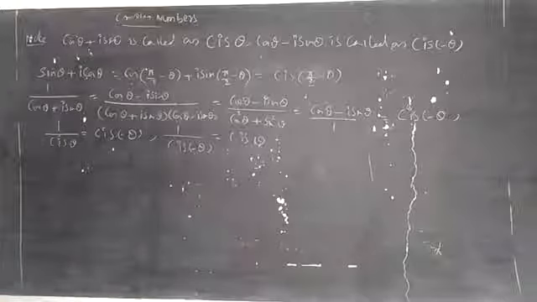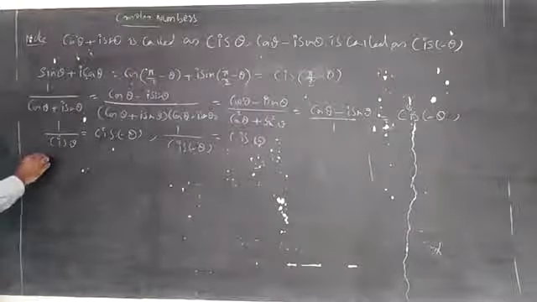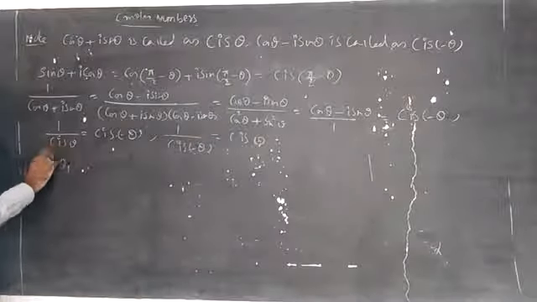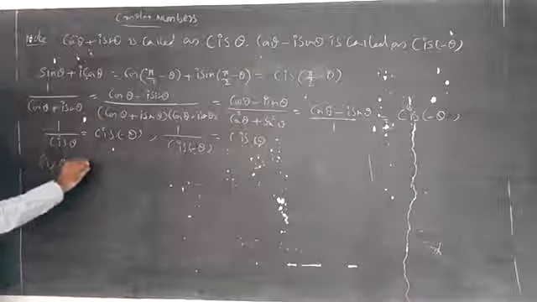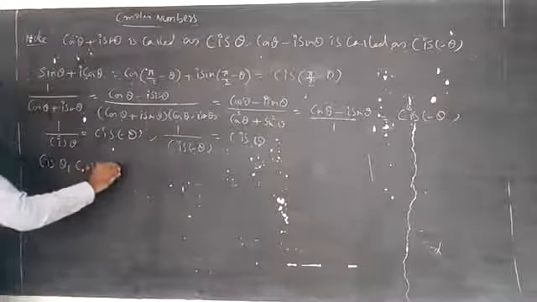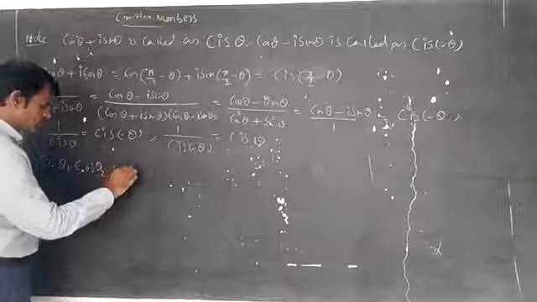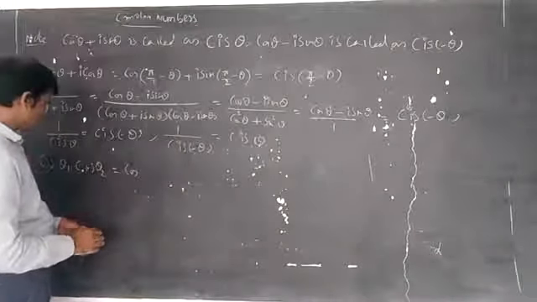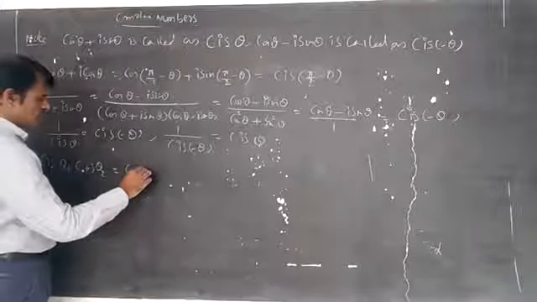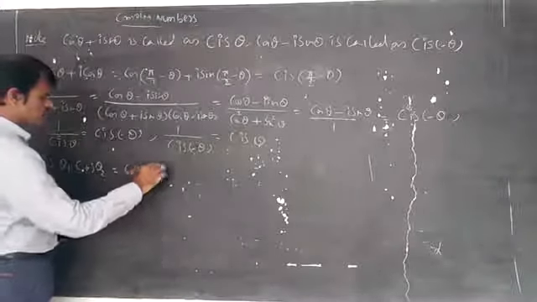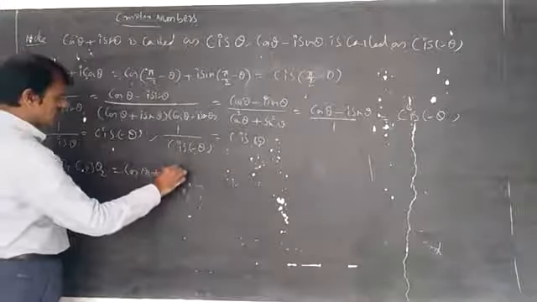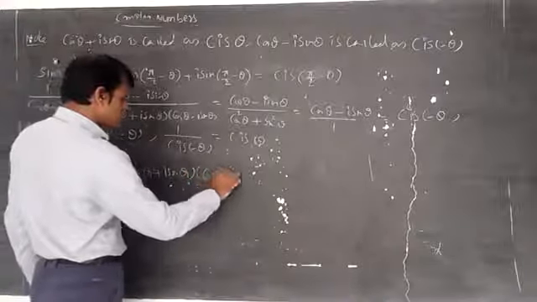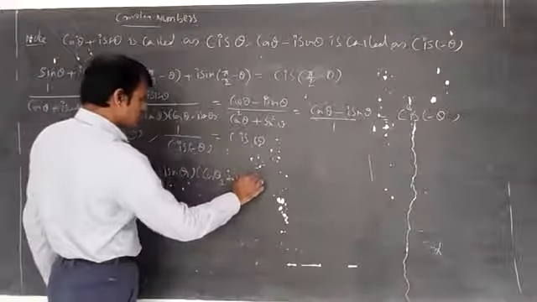Now I am writing cis theta 1 dot cis theta 2. You can write (cos theta 1 + i sin theta 1) into (cos theta 2 + i sin theta 2).